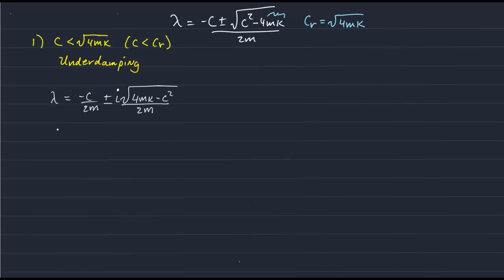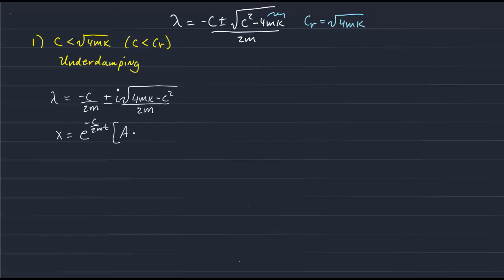And that gives rise to x. If we raise e to the lambda t power, we get an exponentially decaying term, e to the minus c over 2m t. And if we raise e to the i times a number, using Euler's equation, we get a cosine and a sine function.